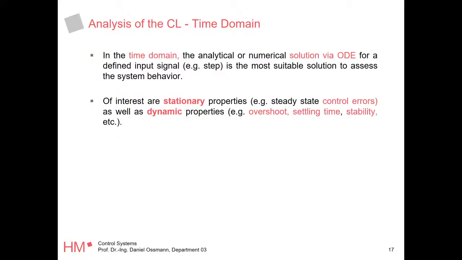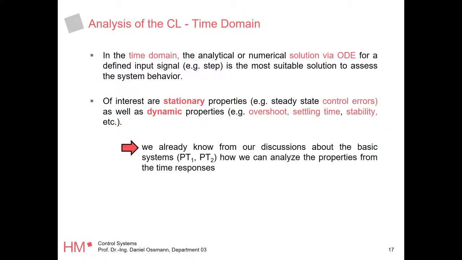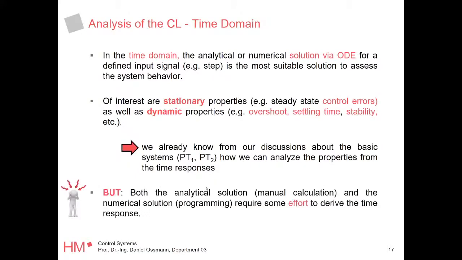So you're interested in the steady state values and in the dynamical properties, right? So we know how we can analyze this for basic systems, and obviously, if you have a more complicated system, we still can do that as long as we solve it numerically.